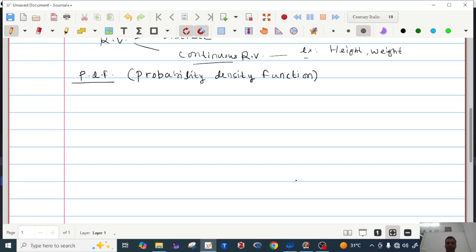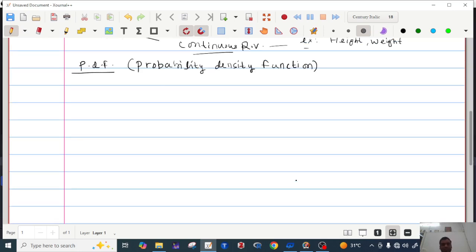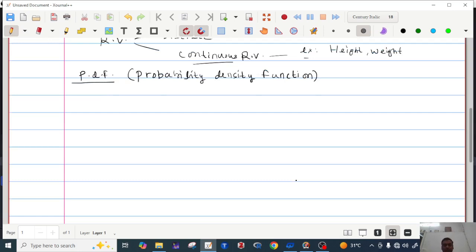Probability density function, PDF. This concept is similar to the concept of PMF, which we learned for the discrete case.